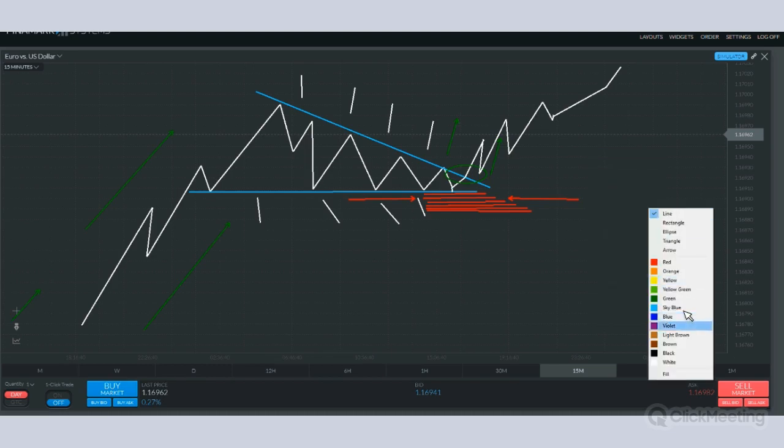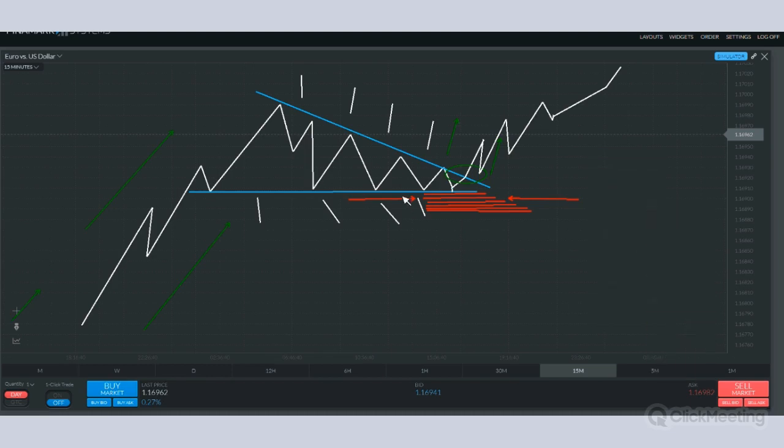Our take profit goal is going to be based on the distance of the base of the triangle. When we start drawing this triangle pattern, if we look to the left, back where we started drawing it, the widest portion of the triangle will always be on the left.